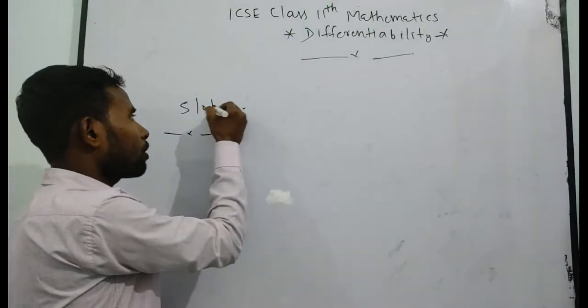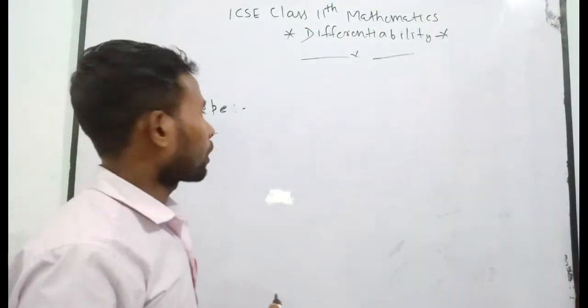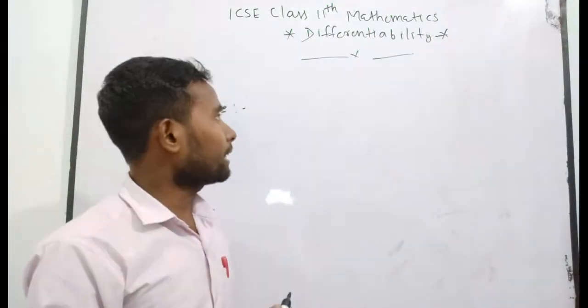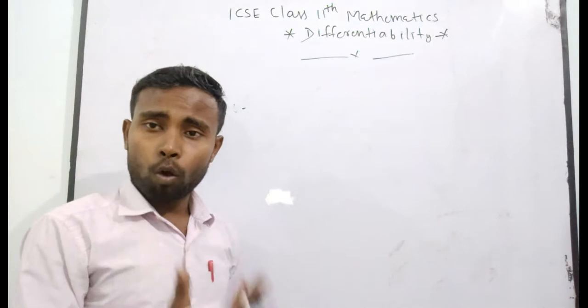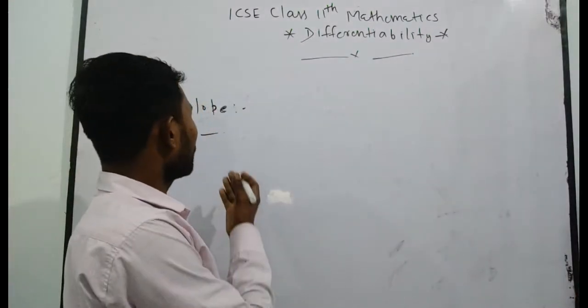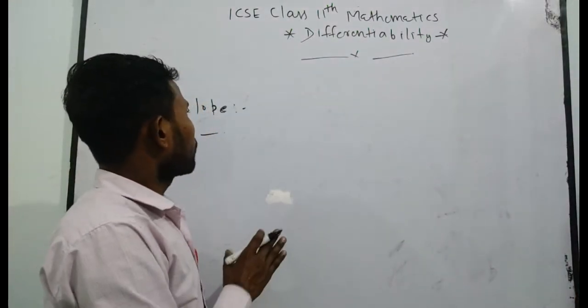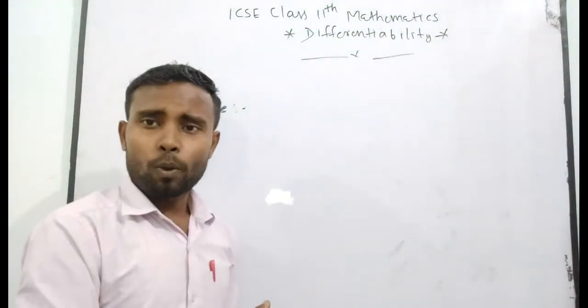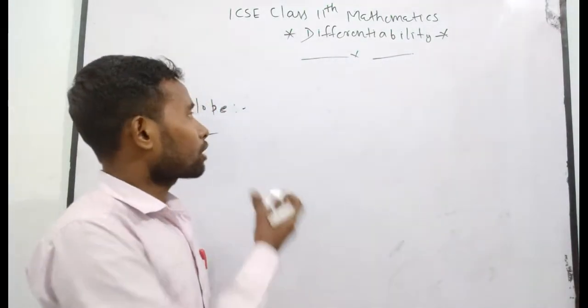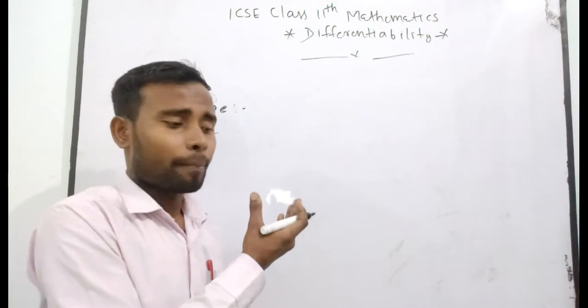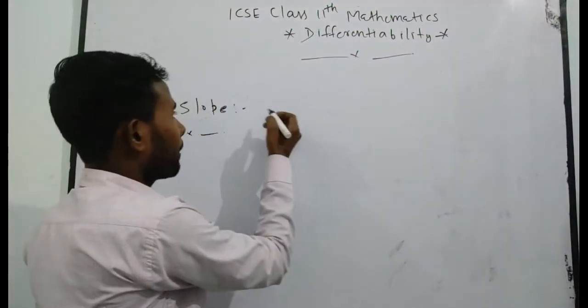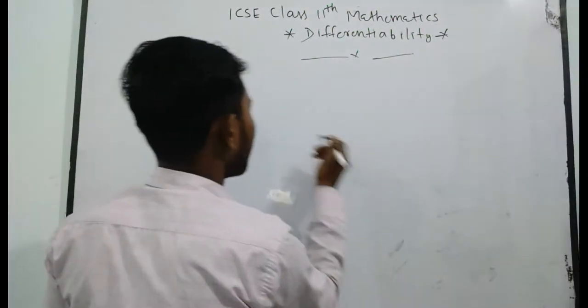What is the actual meaning of slope? If you have studied coordinate geometry, then you definitely know about slope. Actually, it is a very simple definition, but I want to explain it further.